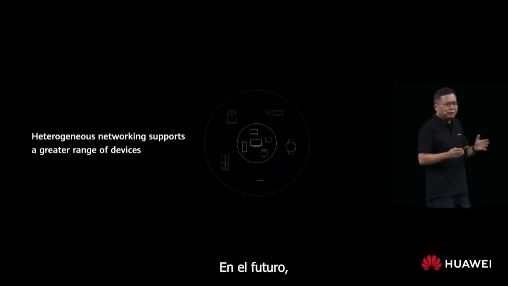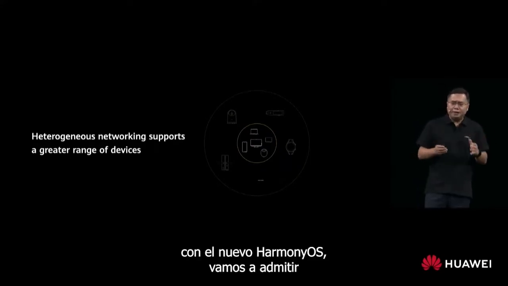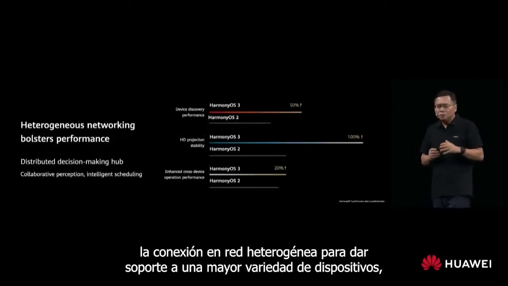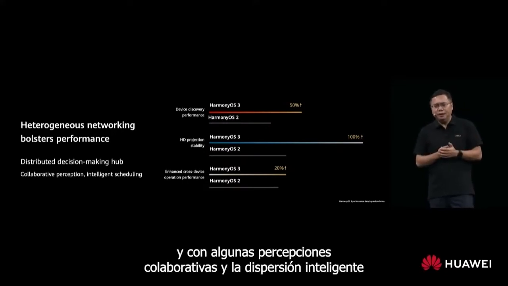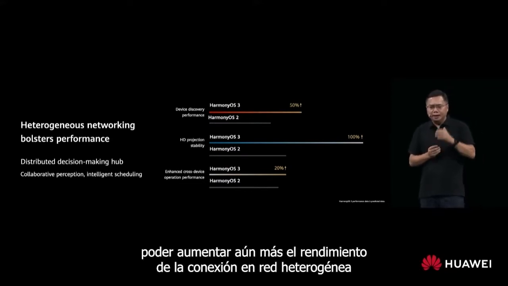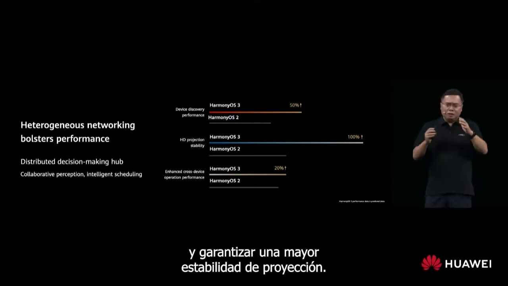In the future, with the new Harmony OS, we are going to support heterogeneous networking to support a greater range of devices. And through collaborative perception and intelligent scheduling, we're able to further boost the performance of heterogeneous networking and secure greater projection stability.